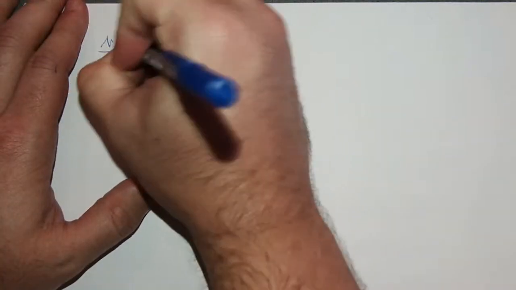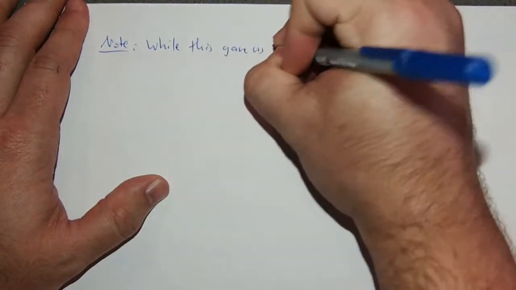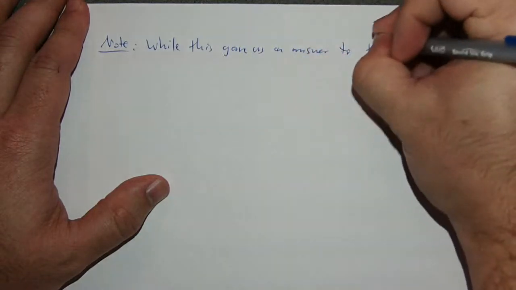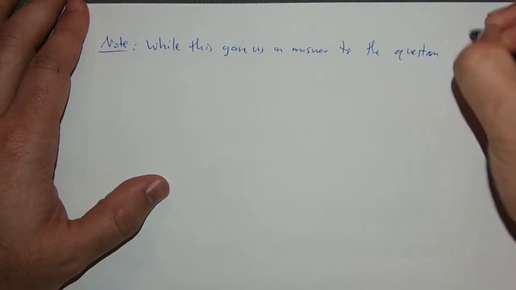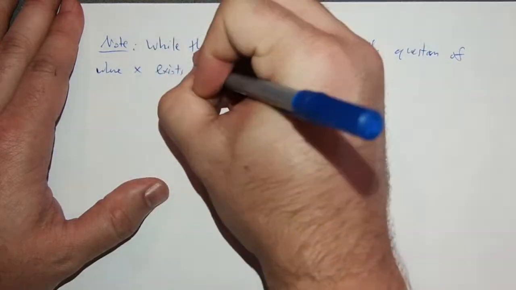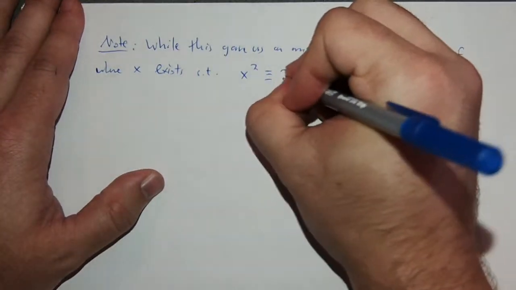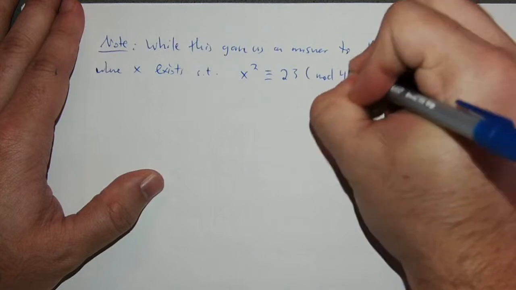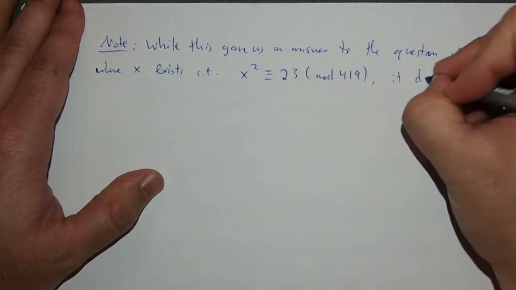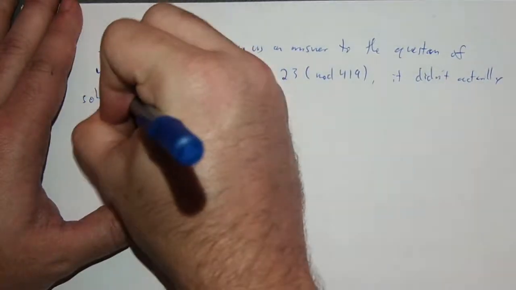Now, it should be noted that while this gave us an answer to the question of whether x exists such that x squared is congruent to 23 mod 419, it didn't actually solve for such an x.